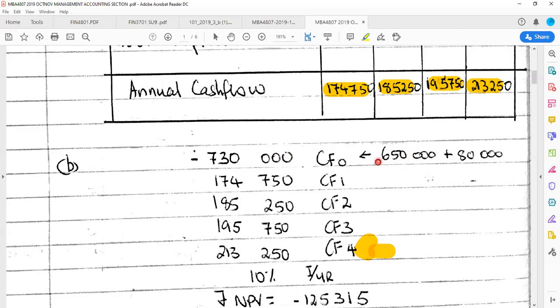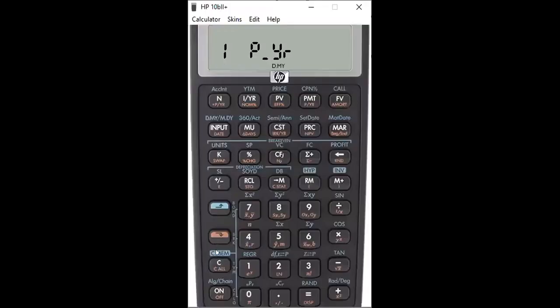Research and development, marketing, consultation fees, they happen before the project. But the cost of the machine, delivery expenses, installation expenses, change in net working capital are all added. And you're always also given a discount rate. So let's use the HP financial calculator to calculate our NPV.